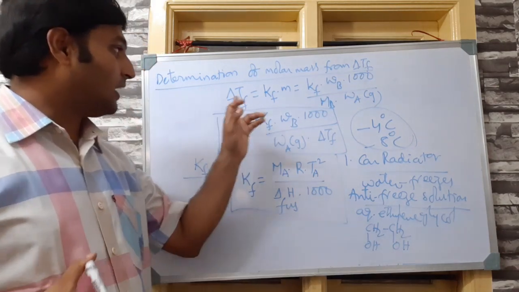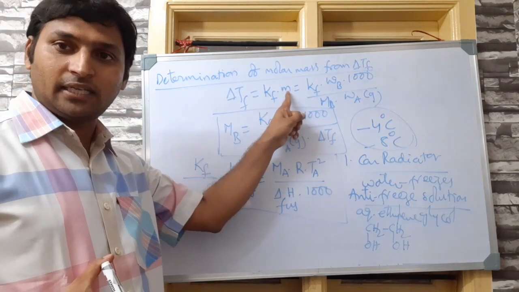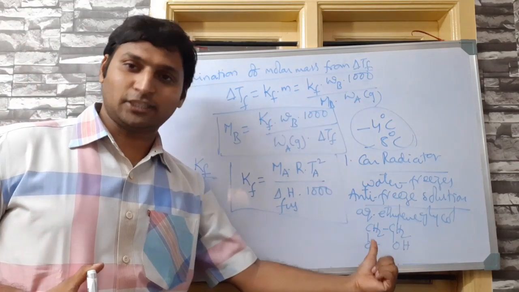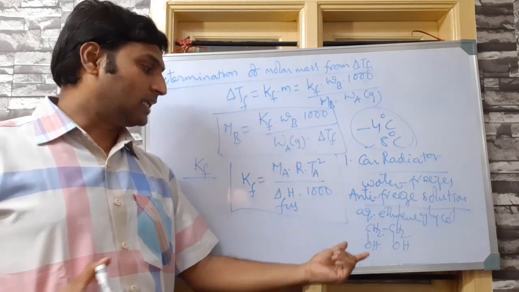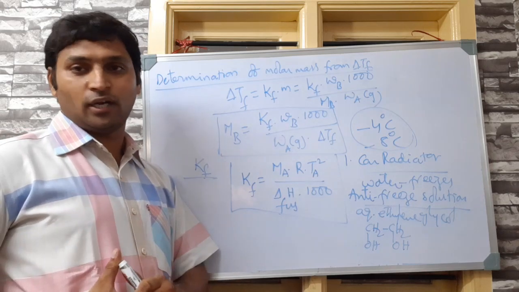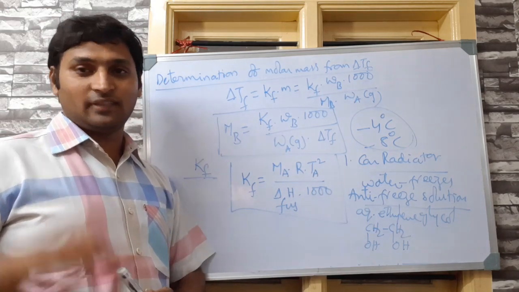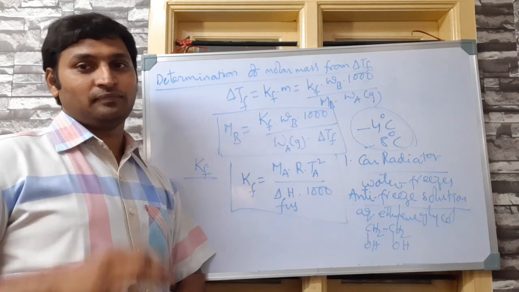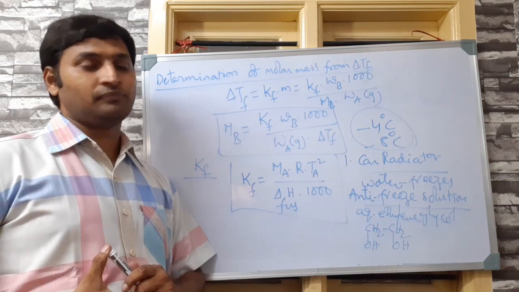If you understand clearly, the depression in freezing point is directly proportional to the molarity. Means greater the concentration of solute, more will be the depression in freezing point. Accordingly, by adjusting the concentration of ethylene glycol, you can decide how many degrees it has to be lowered also, so that your vehicle will be safe. This is one direct application of depression in freezing point.